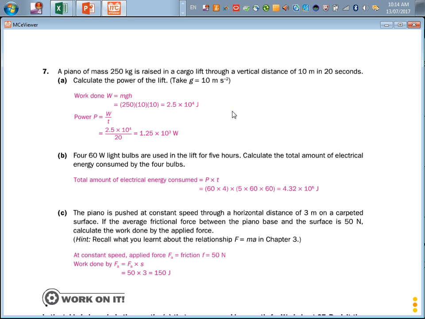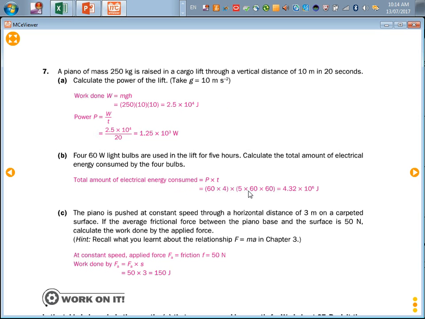Calculate the total amount of energy consumed by the 4 bulbs. This energy consumed, we can consider it to be the change in energy. So power is also given by change in energy divided by time taken. So the change in energy is going to be power times time. So the amount of power will be 60 times 4 because there are 4 light bulbs.